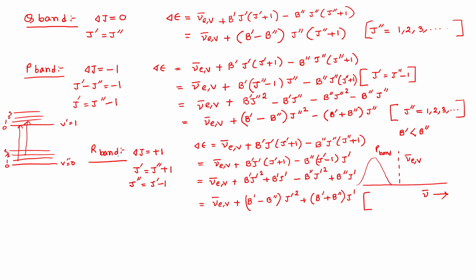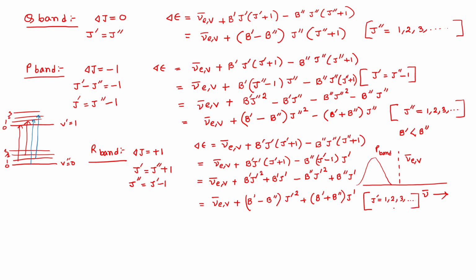Now see, it is delta J equals plus 1, so your J dash can be 0. You are going to 0 to 1, 1 to 2, like that. So for that, this is negative, but your J dash will start from 1 to 3.